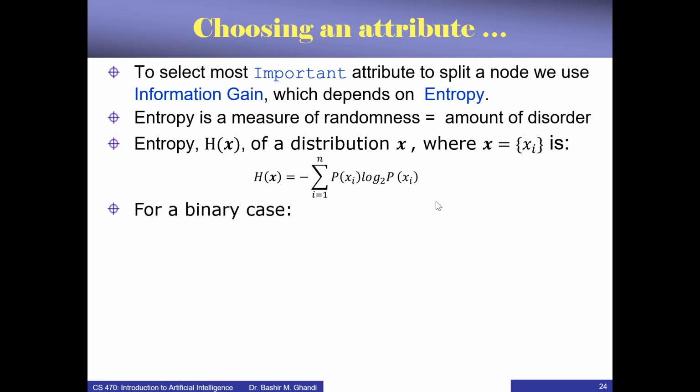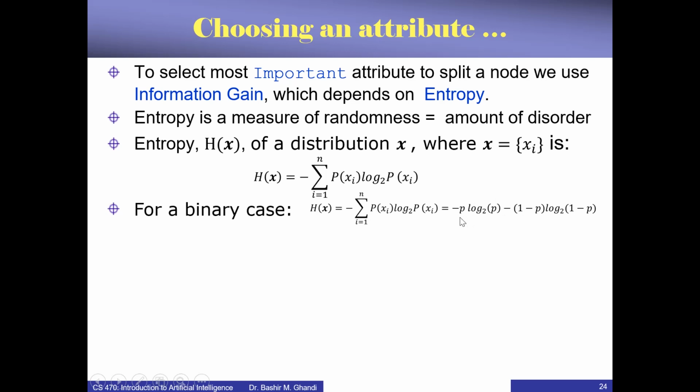Now, in case you have binary attributes, so the elements of X are just true and false, then the formula can be simplified like this, because we have just true and false.